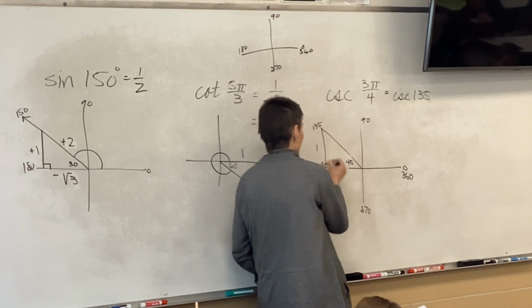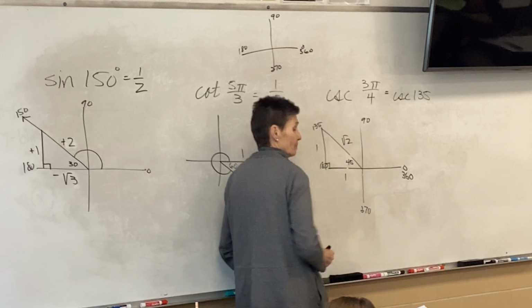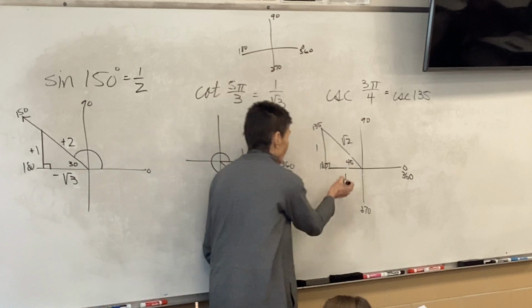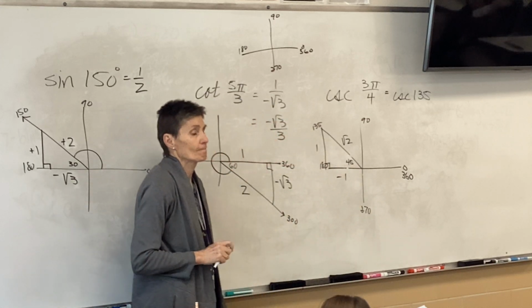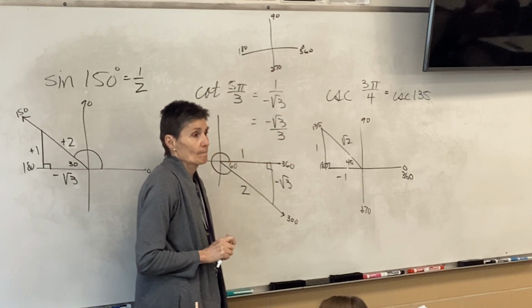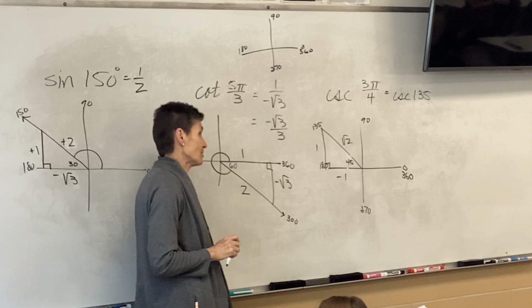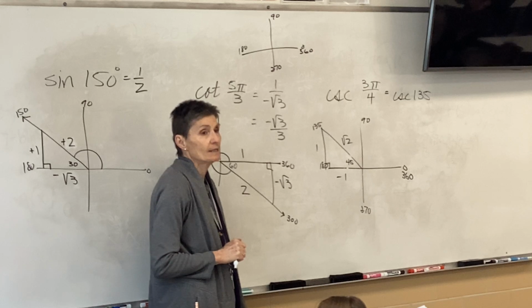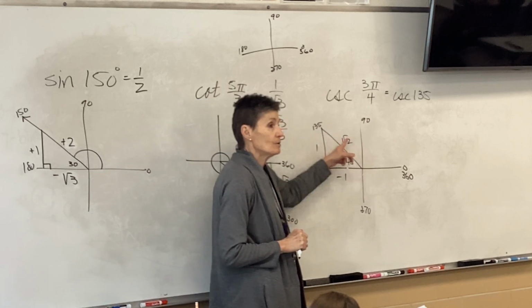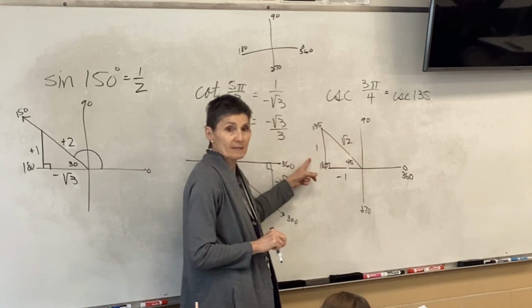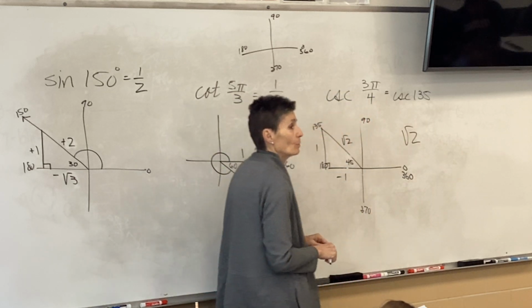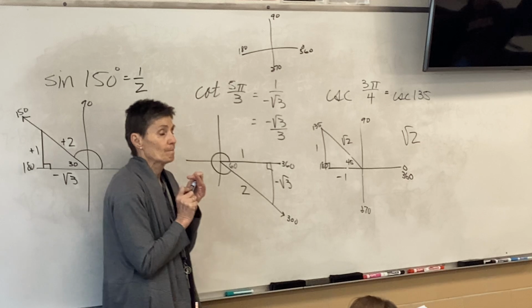And the sides are 1, 1, root 2. The biggest mistake that's made is we put that negative right there. But as it turns out, it doesn't matter in this problem because cosecant is hypotenuse over opposite. So the answer is root 2 over 1, or just root 2.